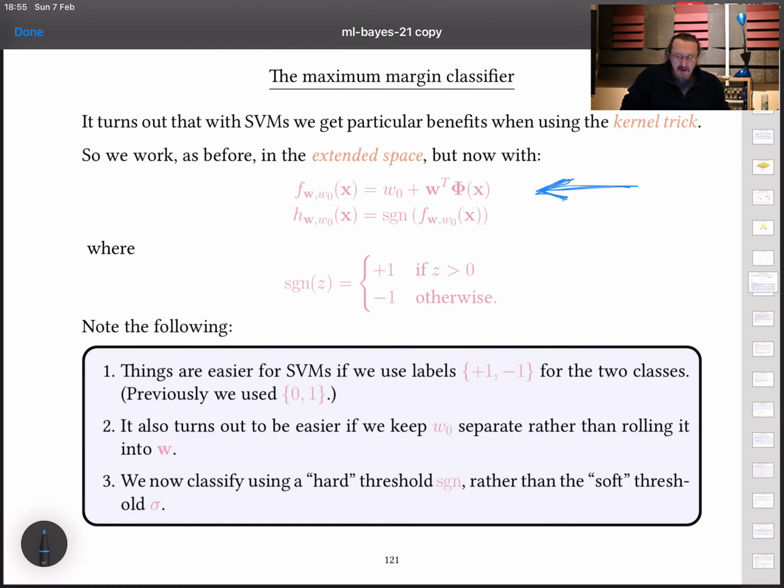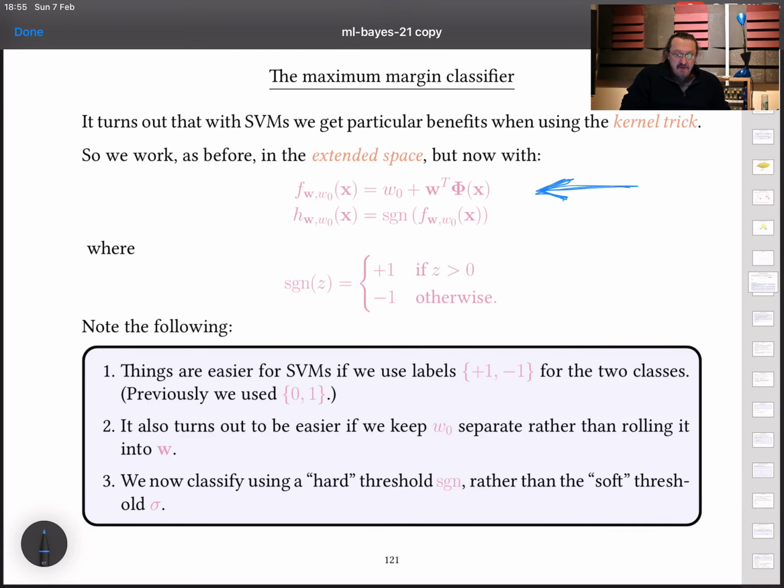F of x here, depending on the weight vector w and the bias weight w0, is just a linear function within the extended space, because x is being mapped into that extended space now by capital phi, which is exactly as defined in the previous lecture.